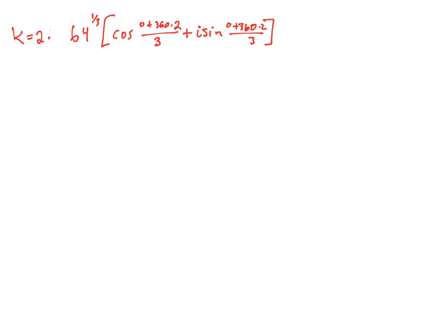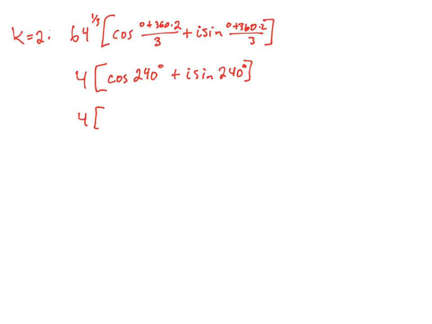So again, the cube root of 64 is going to be 4. We have 360 times 2 is 720. 720 divided by 3, we get 240. So cosine 240 degrees plus i sine 240 degrees.